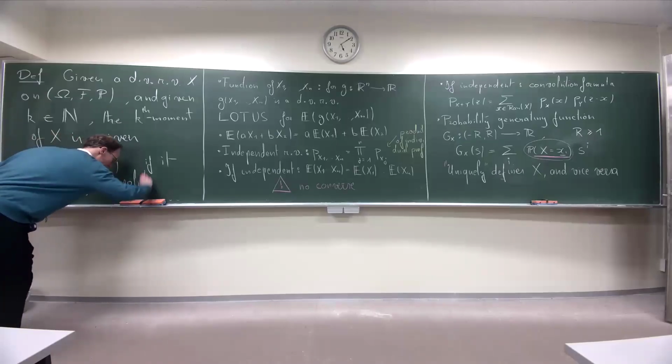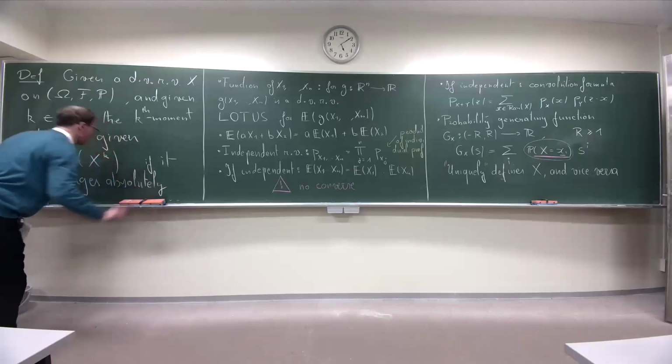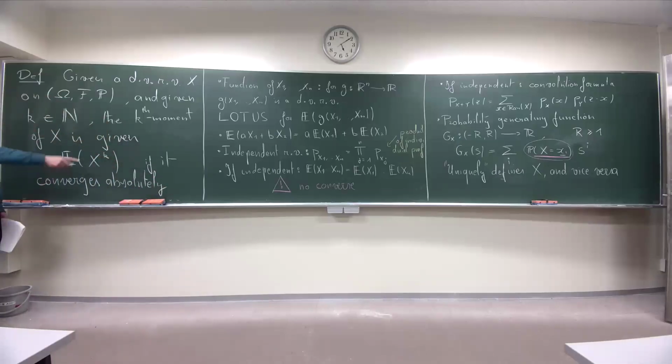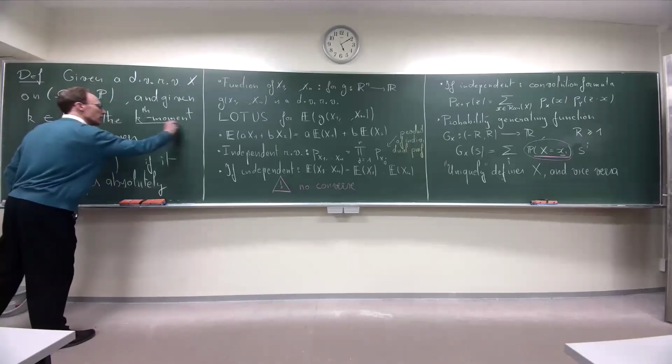Now we have seen this concept already a few times. It means when you write the formula, it has to converge with absolute values. In fact, if k is even, you don't need the absolute value because everything is positive, but for k odd, you need to put the absolute values. So this is a notion of the k-th moment.